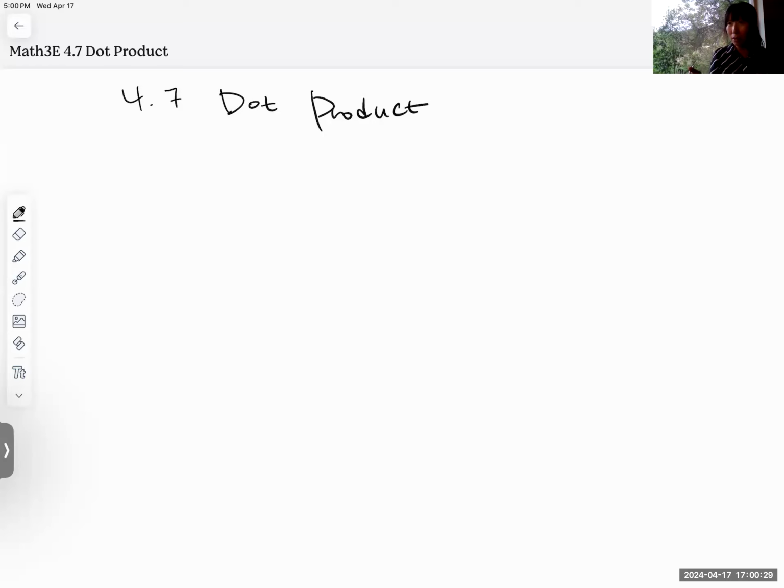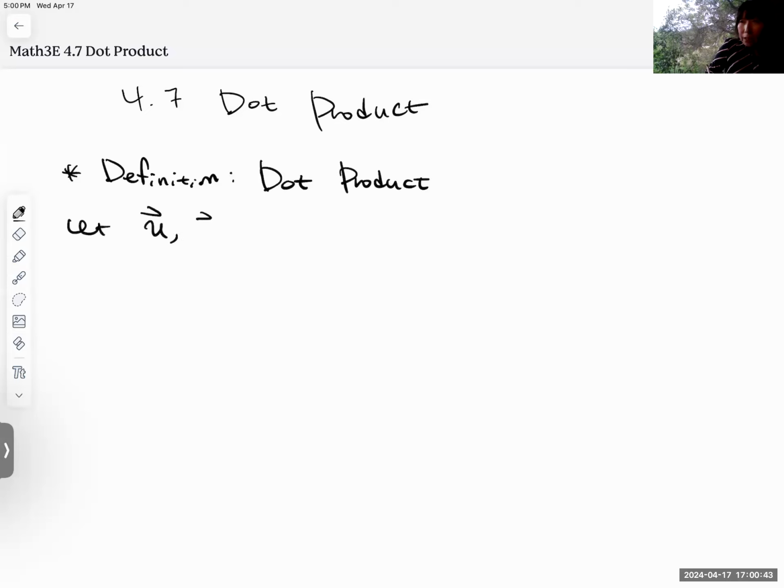7. Dot product. So let me write down the definition first. Dot product. Let U, V be two vectors in R^n.